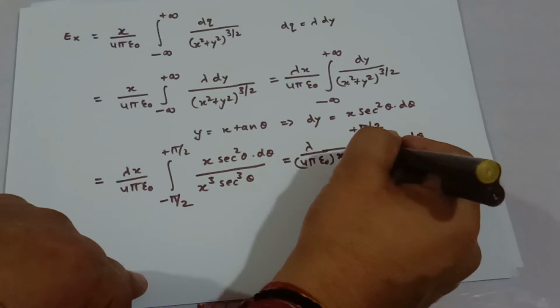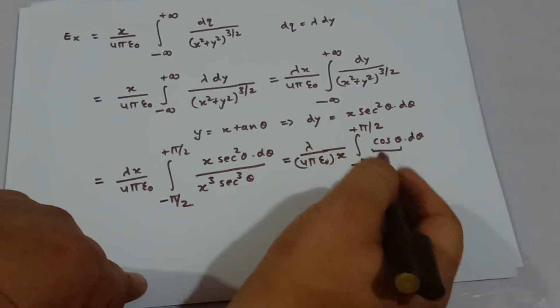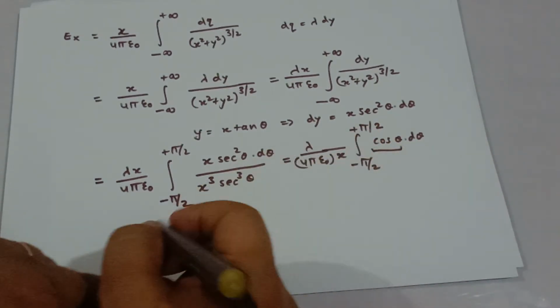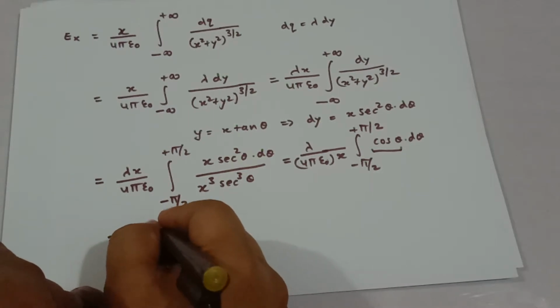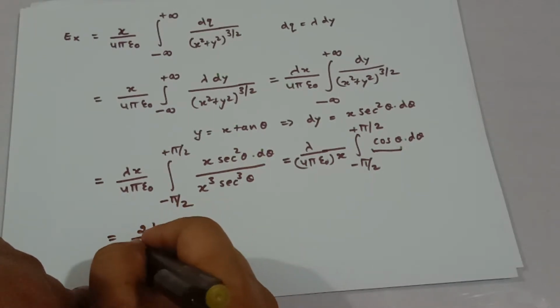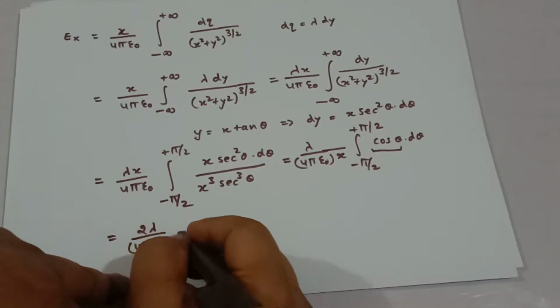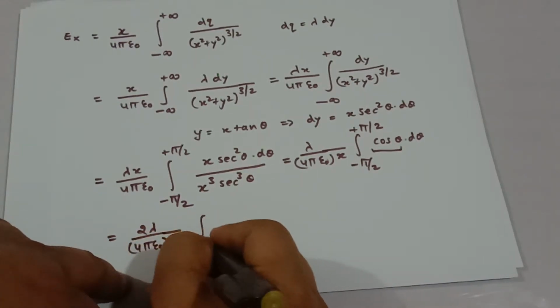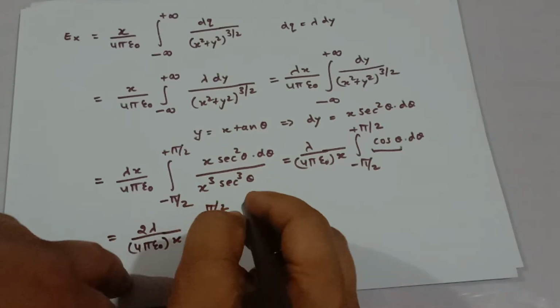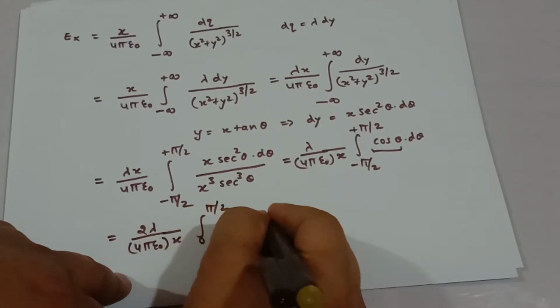Of course, cos theta is an even function, so that can be written as 0 to pi by 2, and 2 would come out, so 2 lambda divided by 4 pi epsilon naught into x, with limit from 0 to pi by 2, of cos theta d theta.